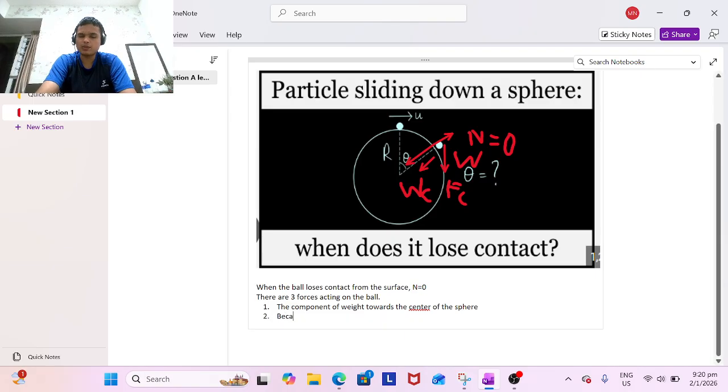Second, because of circular motion, there is a centripetal force also towards the center of the sphere.